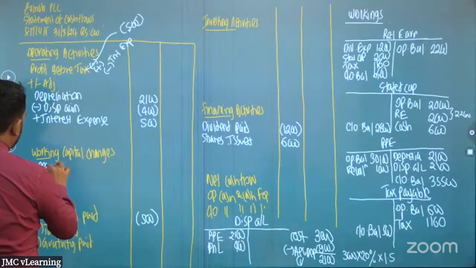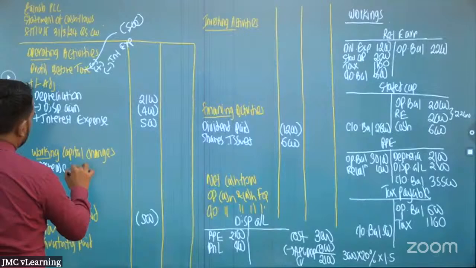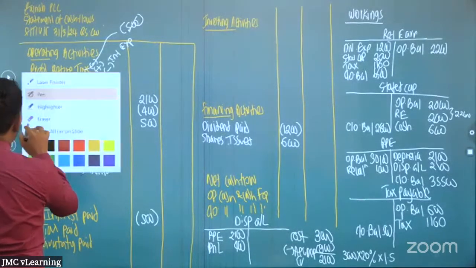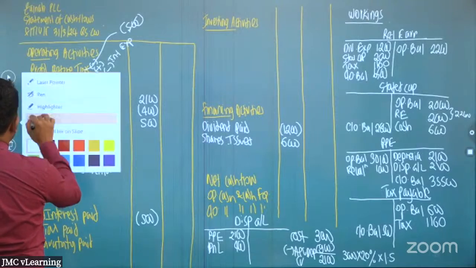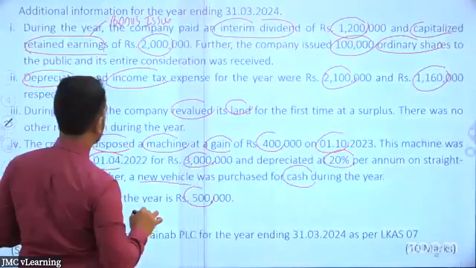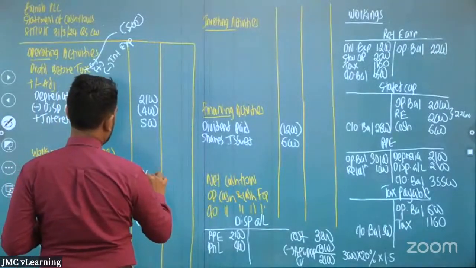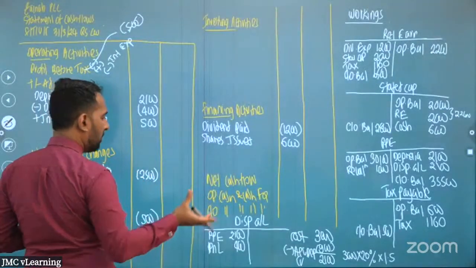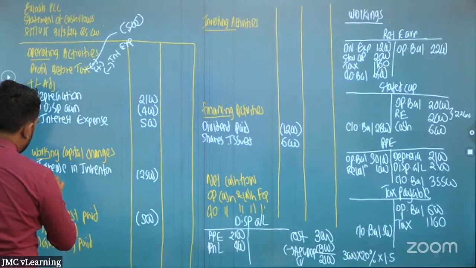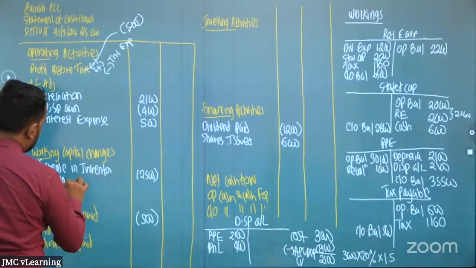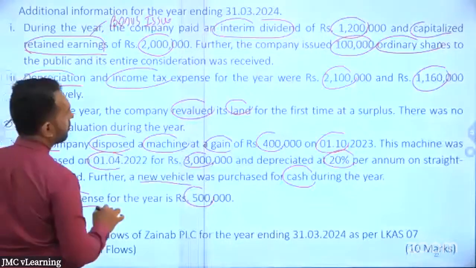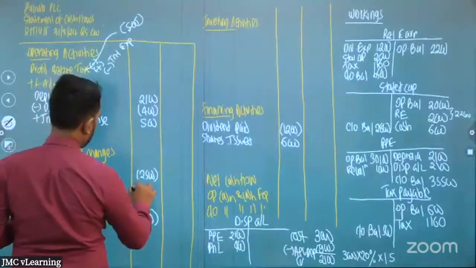Increase in inventory under the working capital, 2500. That's a negative cash impact. Inventory goes up, your cash comes down because you purchase. And then decrease in debtors. That's a positive cash flow. You get cash 2250.